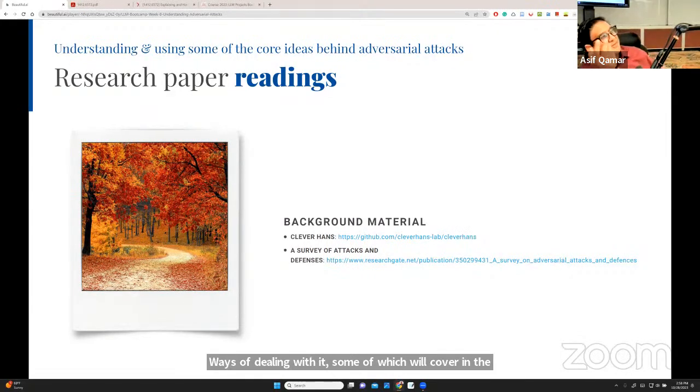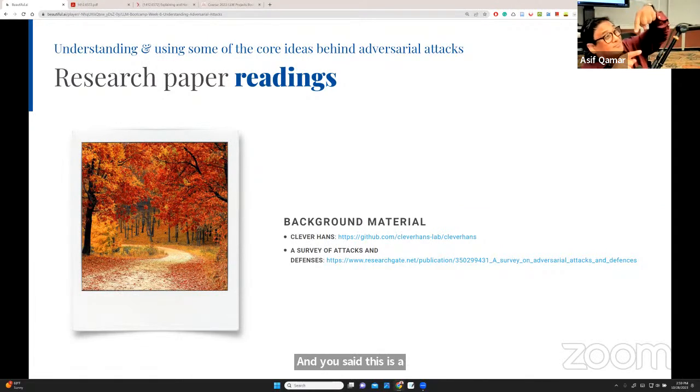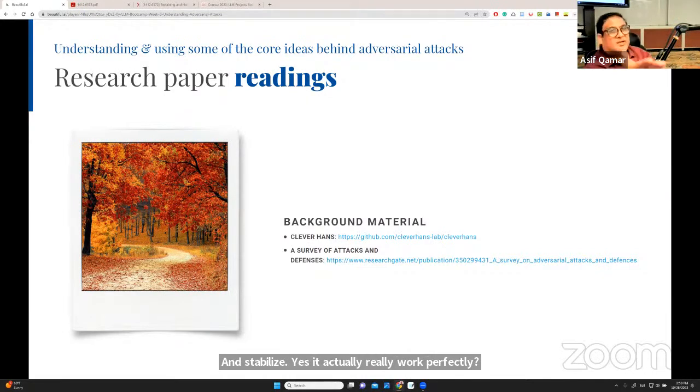So, for example, you deliberately create adversarial examples and make them part of the training data, and you say, this is a panda, not a gibbon. Then the hope is that the decision boundary will shift and stabilize. Does it actually work perfectly? Partially works. That makes it better. And in fact, most of the companies that you're talking about, Albert, my guess is that they are into some of this. See, this topic is very fresh.